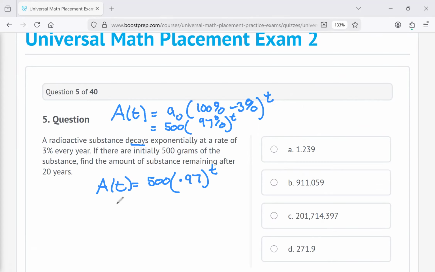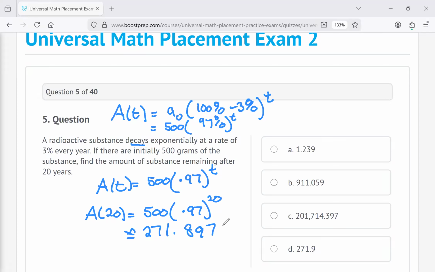So here's our equation. Now they want to know the final amount after 20 years, so all you have to do is replace t with 20. Put this in the calculator and you'll get your value: 271.89717.